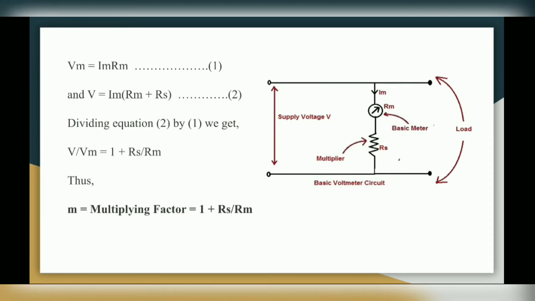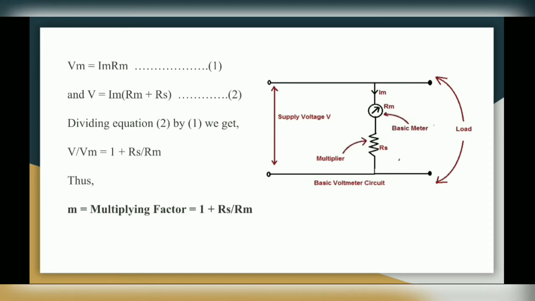So the voltage across the basic meter is given by Vm, which becomes Im into Rm, where Rm is the resistance of this meter and Im is the current flowing through it. This is the first equation.